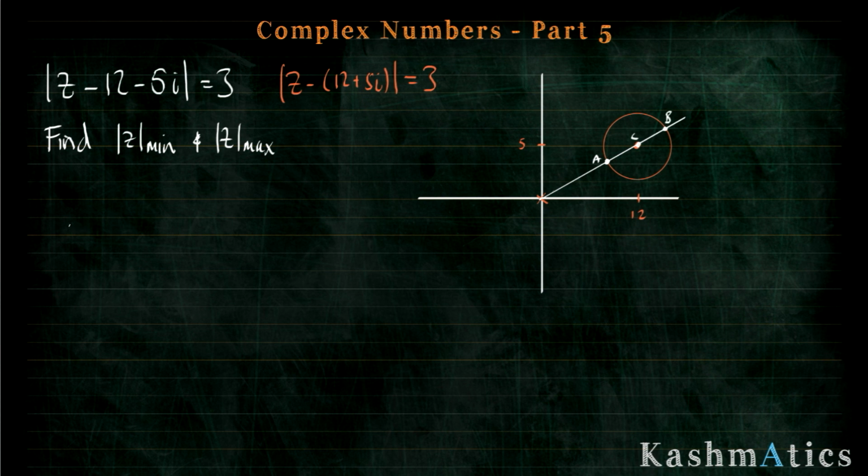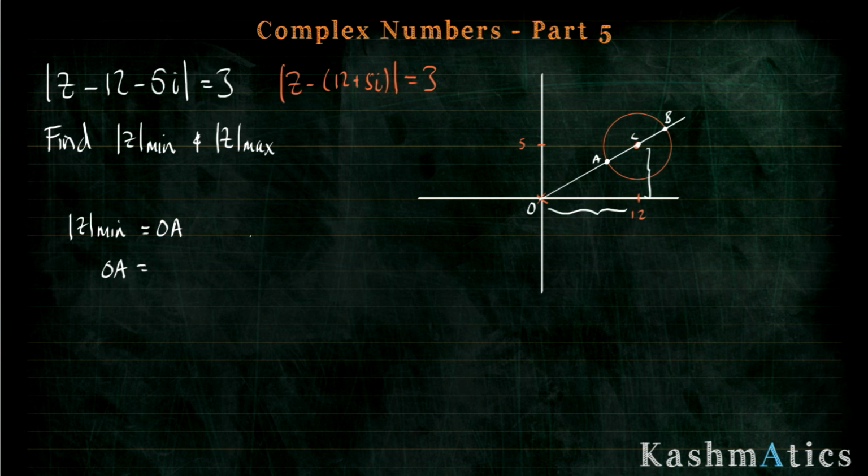Now z min is equal to OA, where O is the origin. Now I need to work out what I can actually find. I know I can work out the distance between O and C by using Pythagoras, because I know this is 12 across here and that is 5 up there.